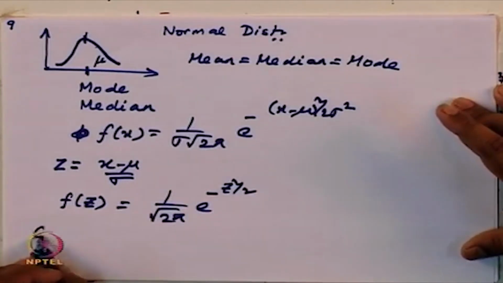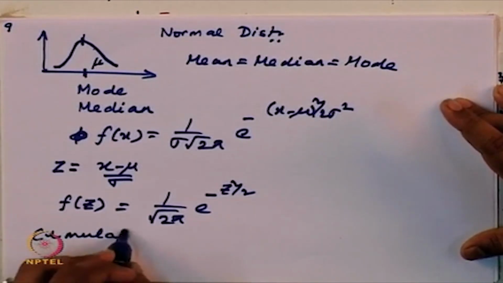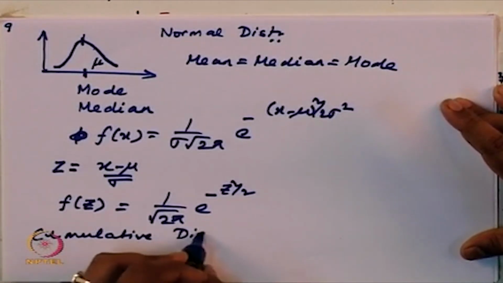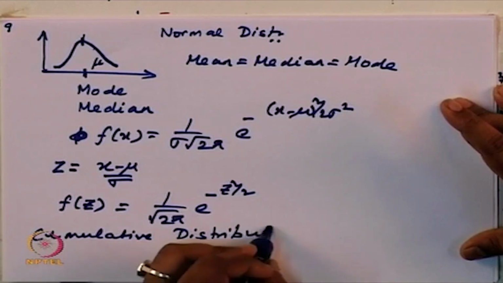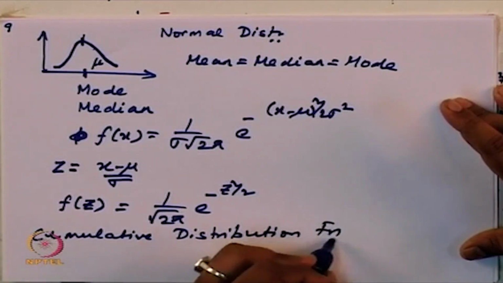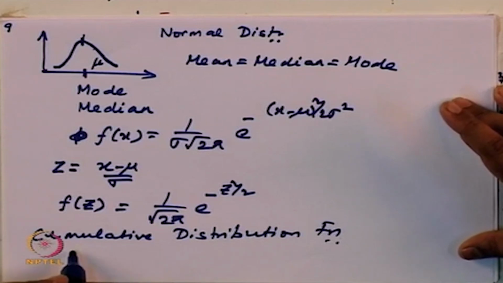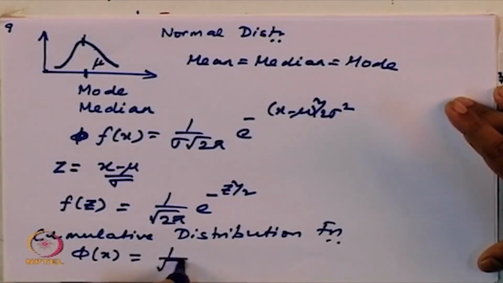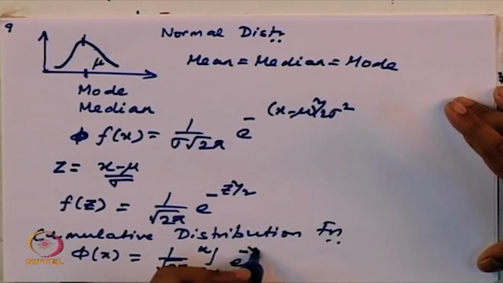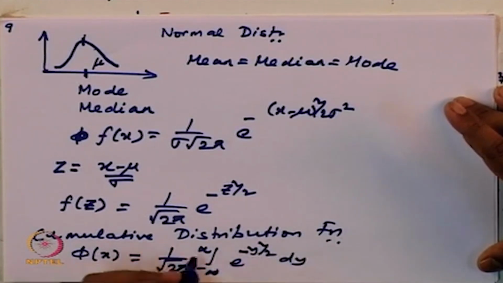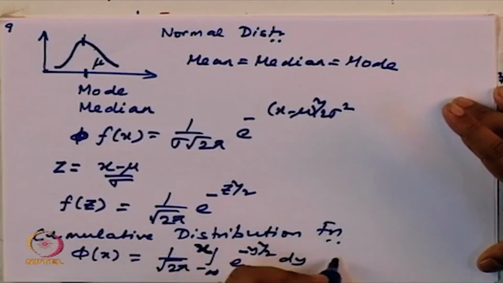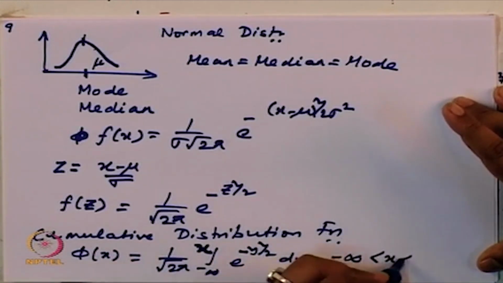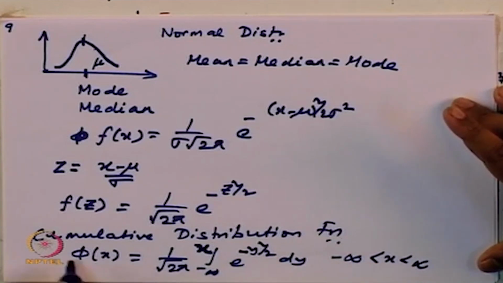And the cumulative distribution function phi of x then becomes 1 by root 2 pi times the integral from minus infinity to x of e to the power minus y square by 2 dy, with minus infinity less than x less than infinity. So this is your value.